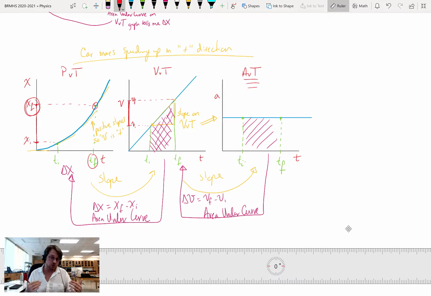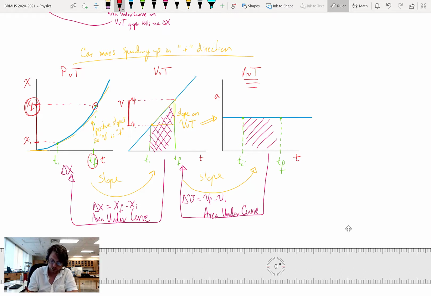And then we said we can look at slope, right? So slope on position versus time takes us to velocity, and then slope on velocity versus time takes us all the way to the right to acceleration. So we can use slope, that's something else we can read. And then we can go the other way and look at the area under the curve.